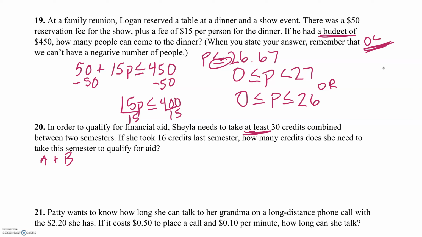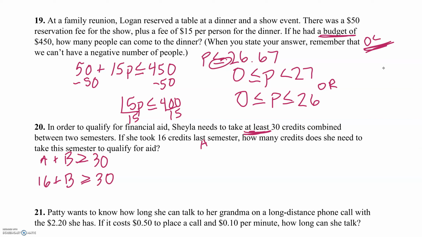Should be between 2 semesters at least 30. So I'm going to say greater than or equal to 30 credits. If she took 16 credits last semester, so let's call that semester A, so that'll be 16 credits here for A. How many credits does she need to take this semester to qualify for financial aid?